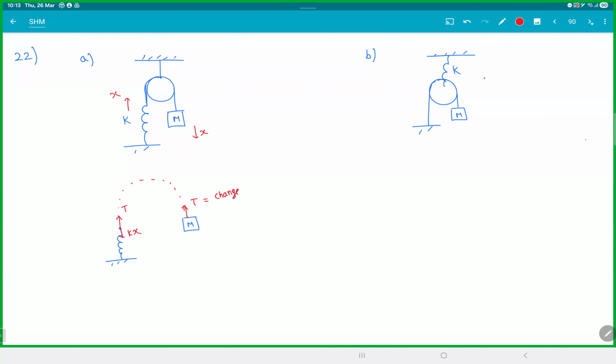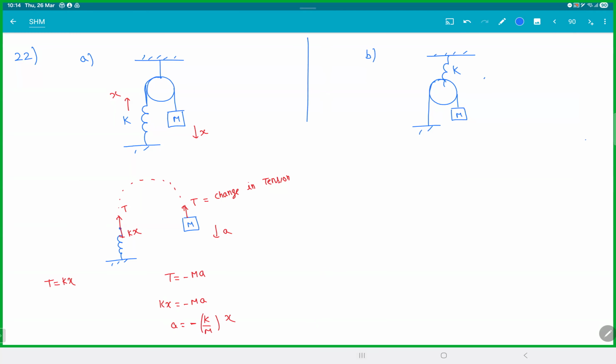Kx is the change in spring force. All these are changes. So we'll not write mg again. Acceleration. So T is equal to minus ma, and T is equal to kx because that point is massless. So kx is equal to minus ma, and we get a is equal to minus k by m x. Yeah, it just looks like one spring and one block. Not much of a difference.